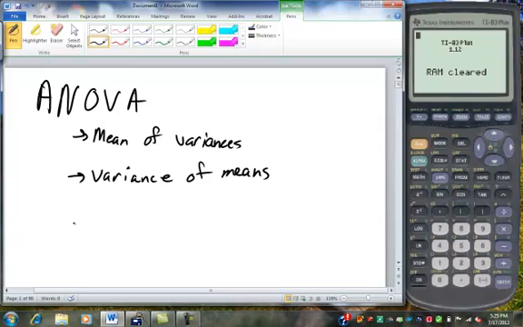So what we are going to compare is mean income for three companies.